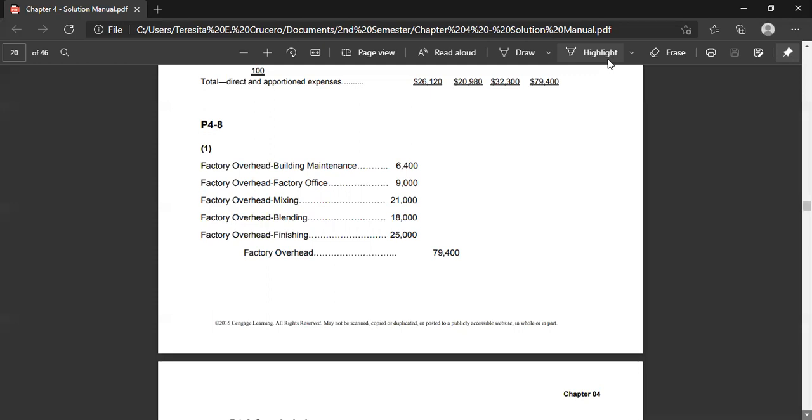So the first entry, first we debit factory overhead building maintenance as given and as apportioned. Then we have factory overhead, factory office, factory overhead mixing, factory overhead blending, and factory overhead finishing. And then we credit factory overhead for a total of 79,400. Now we have the allocation of the factory overhead cost.